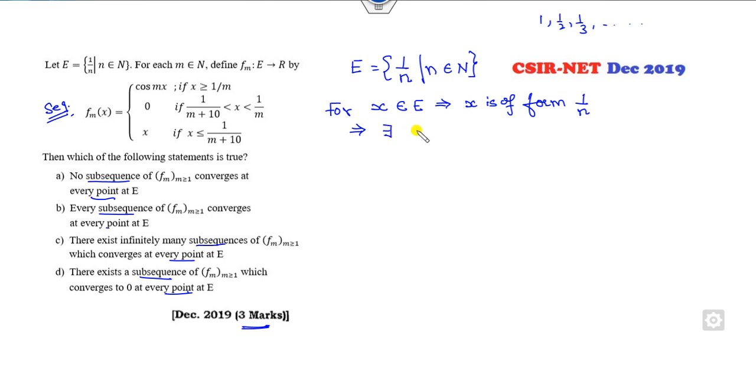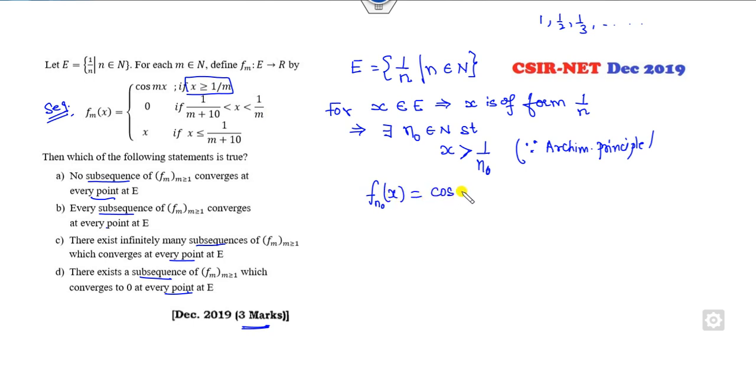I can find one number, say n0, which is a natural number, such that x is 1 over n naught. You know why? Because we can use the Archimedean principle. So once x is greater than 1 by n naught, which property is satisfied here? So what is f at this point n naught? This is cos of n naught of x.